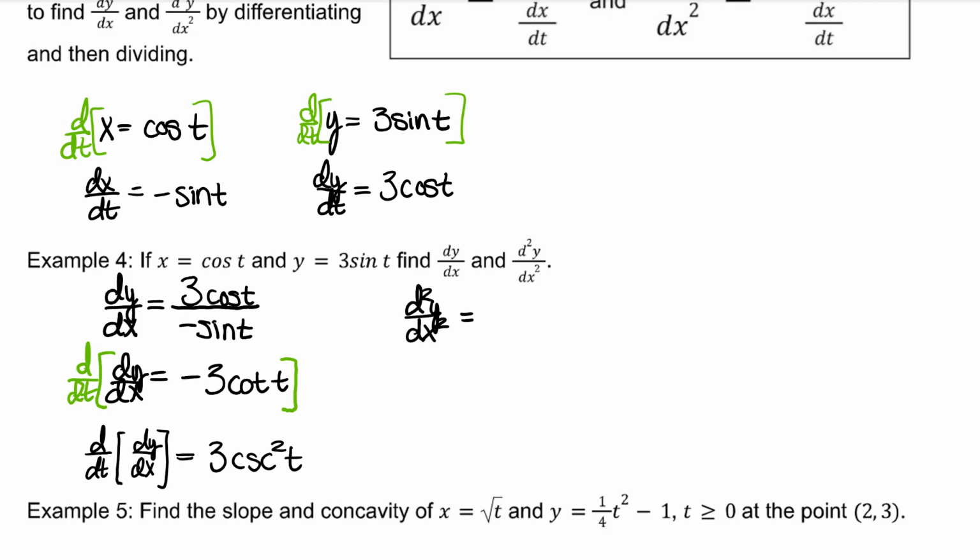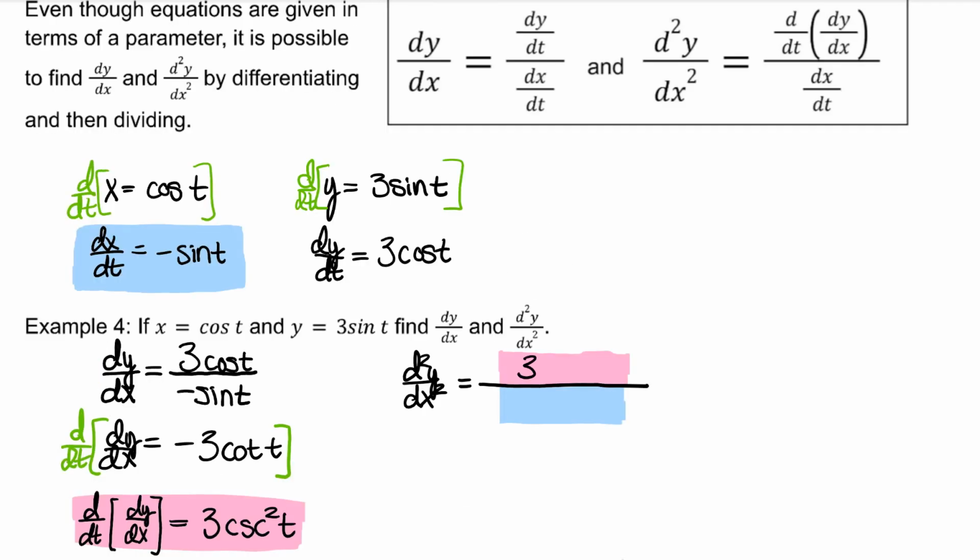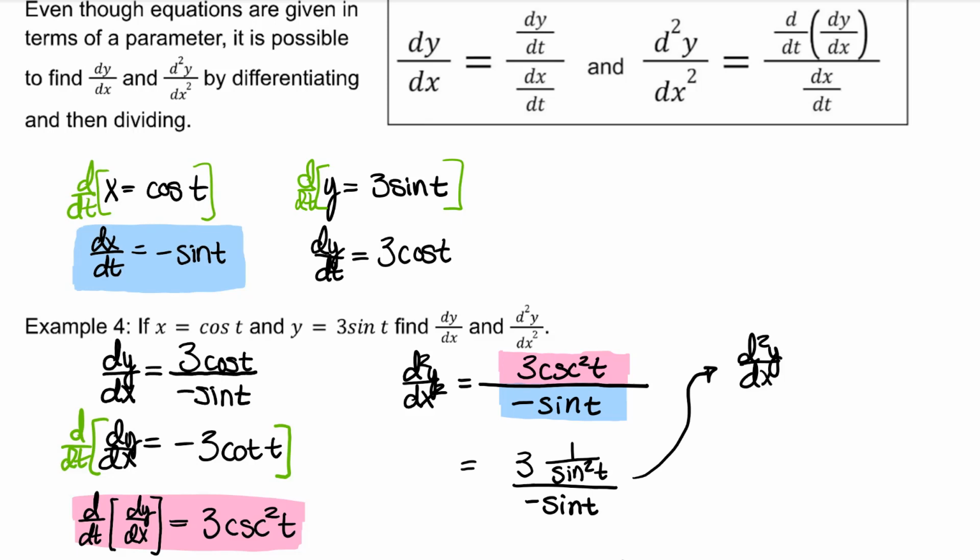So to get our second derivative of y with respect to x, in the numerator we put 3 cosecant squared t. In the denominator we're going to put dx over dt. That is negative sine t. We can simplify that using trig ratios. And there's our second derivative.